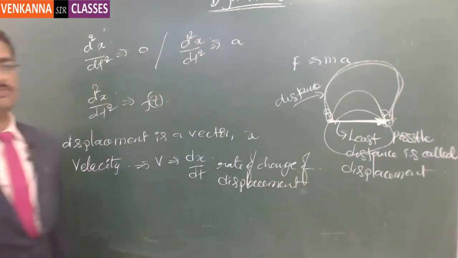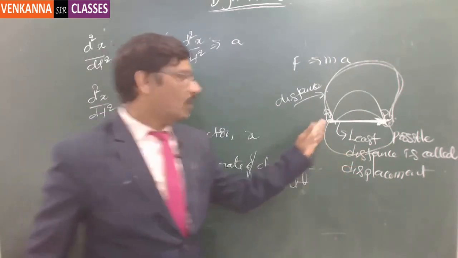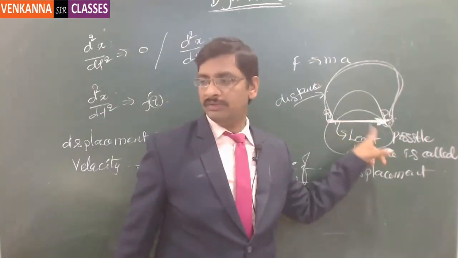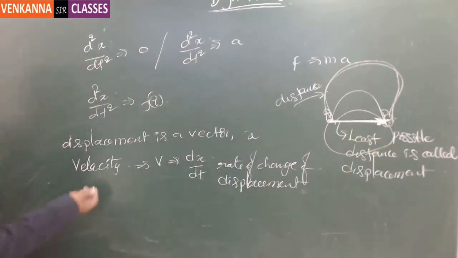Rate of change of displacement is called the velocity. That means velocity is nothing but how fast it is moving from here to here. So this is what is called the rate of change of displacement.